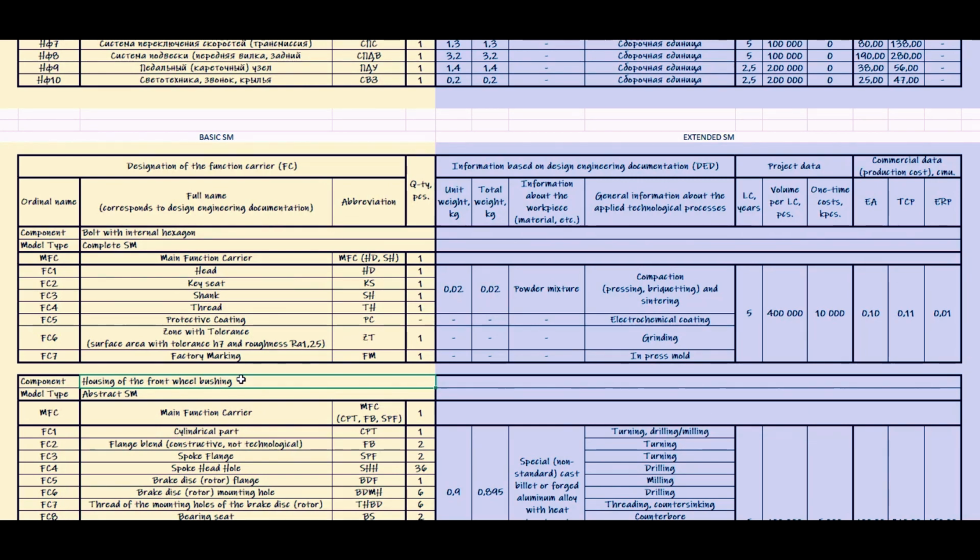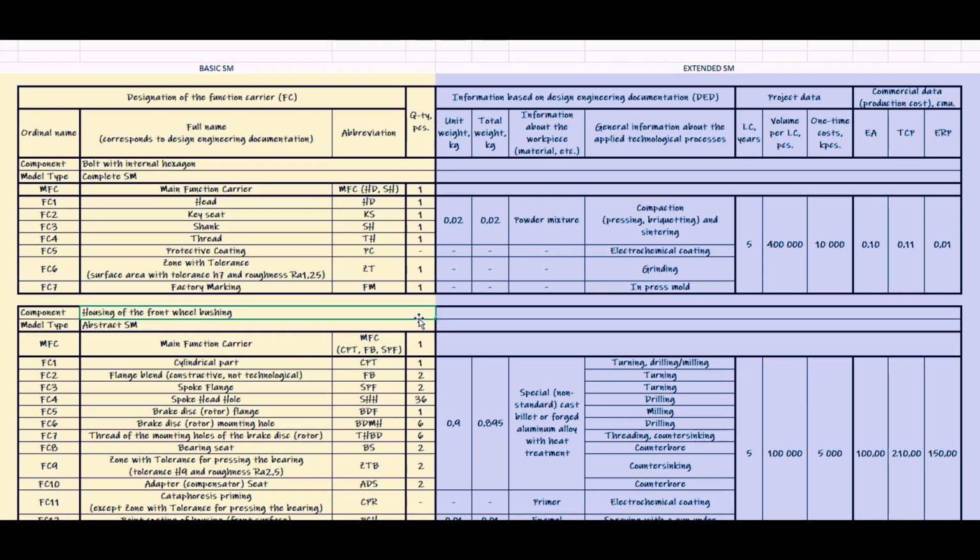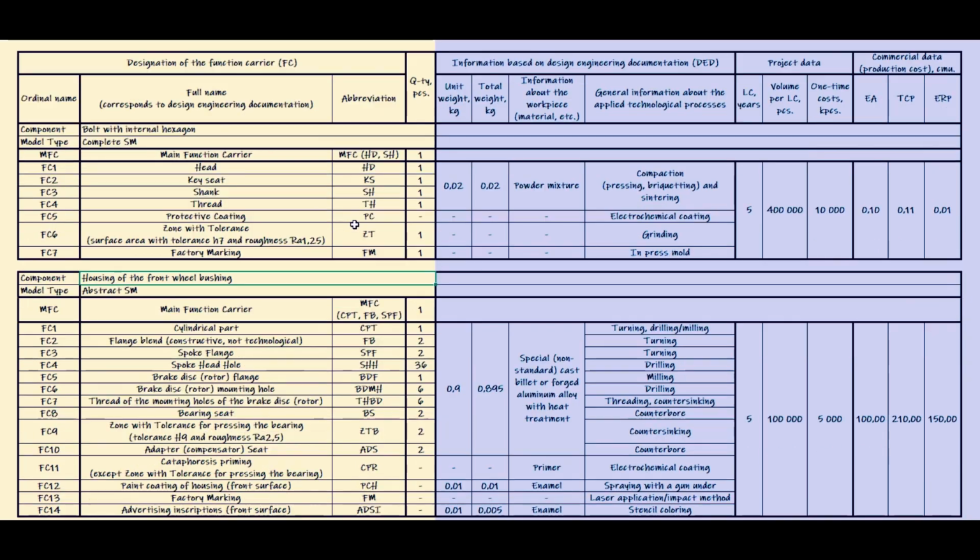In this case, the discrepancy in the number of positions is due to the fact that in the first 2 cases the degree of abstraction is set, so the number of structural elements, function carriers of the analyzed object, is a given round number.